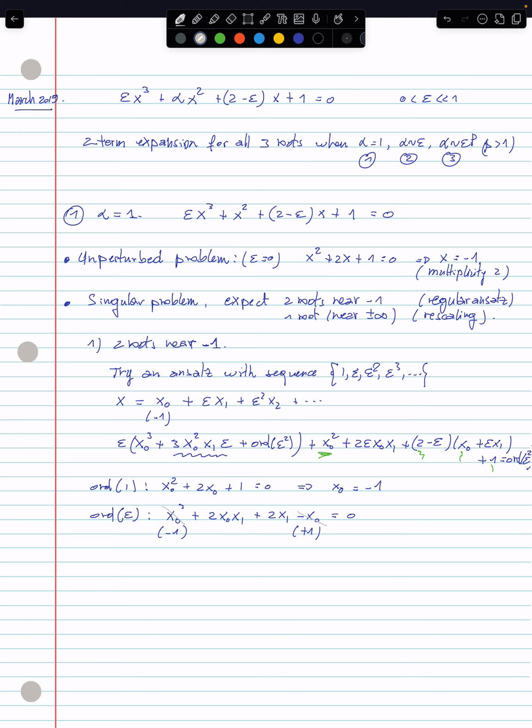And what we have in the next equation is twice x0 plus 1 multiplied by x1 is equal to 0. And this is equal to 0, which means that this equation is just trivially satisfied.